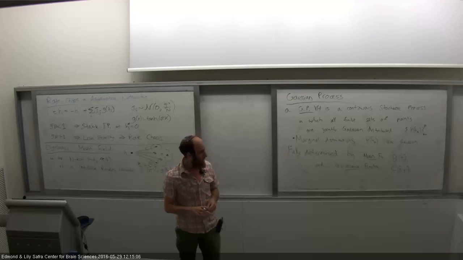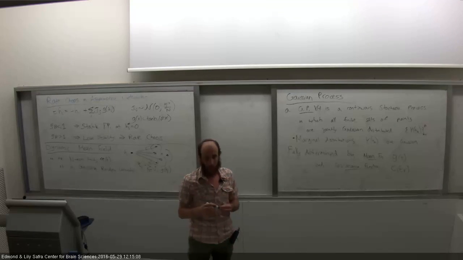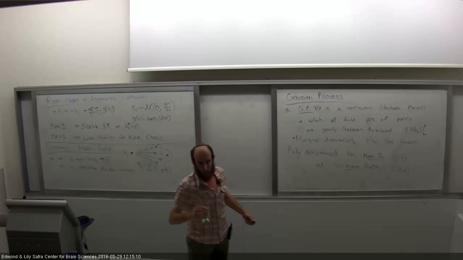So if we know the mean function and the covariance function, we know the entire probability distribution of all time points.